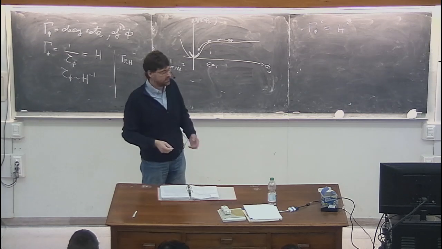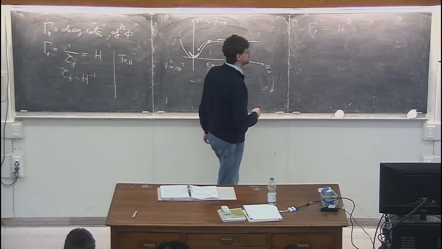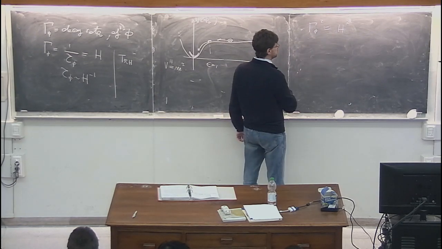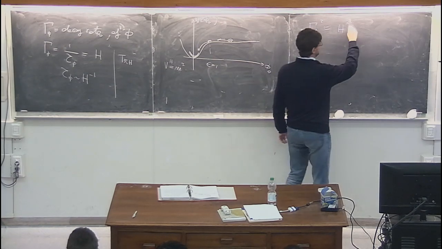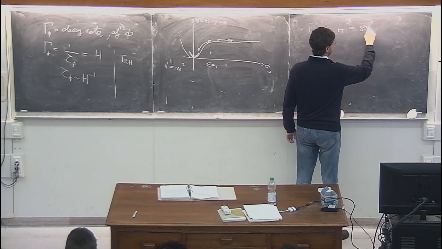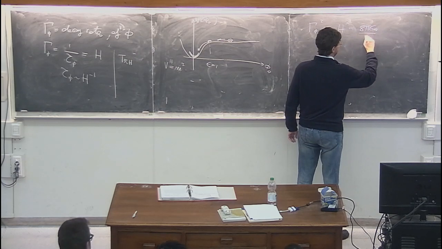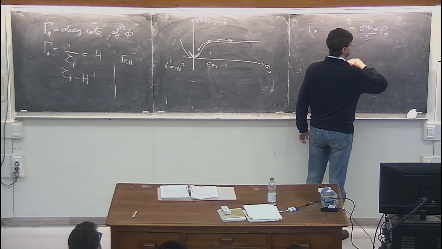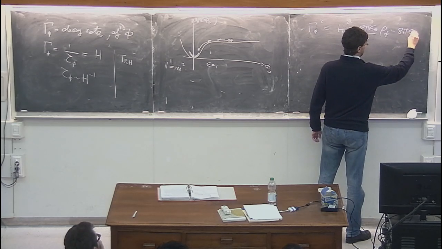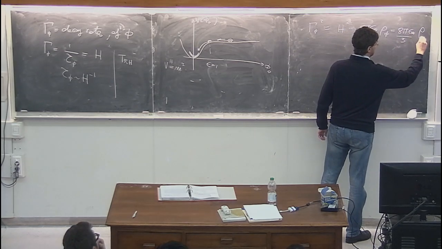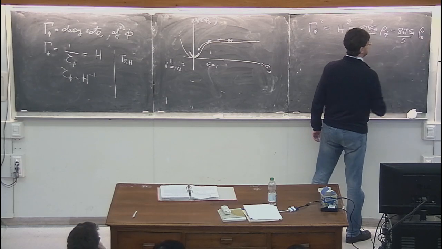It's sudden, okay? Of course, you can relax such an approximation, but I'm using this here. So all the energy of the inflaton field, which is 8 pi G Newton divided by 3 rho phi, goes into radiation. So this is 8 pi G Newton divided by 3 rho of the radiation epoch.